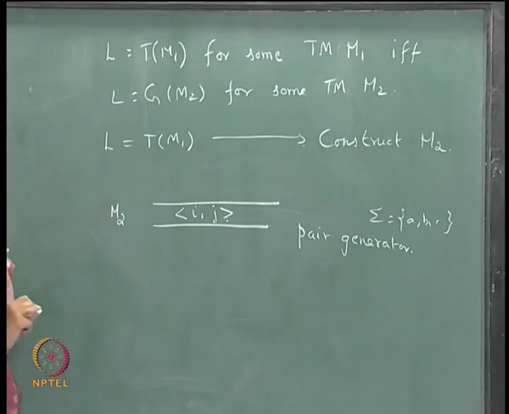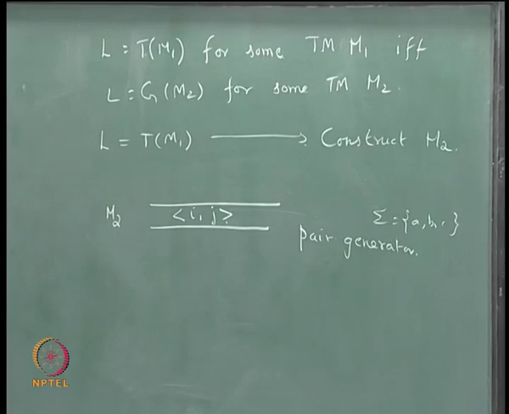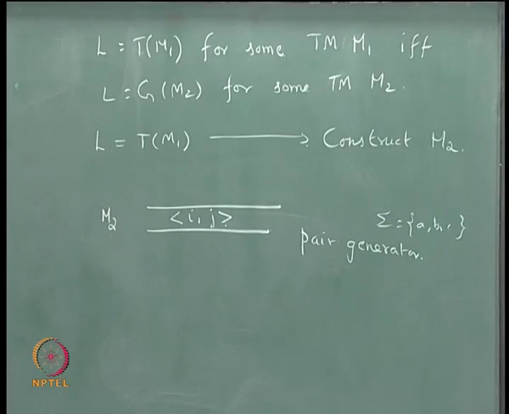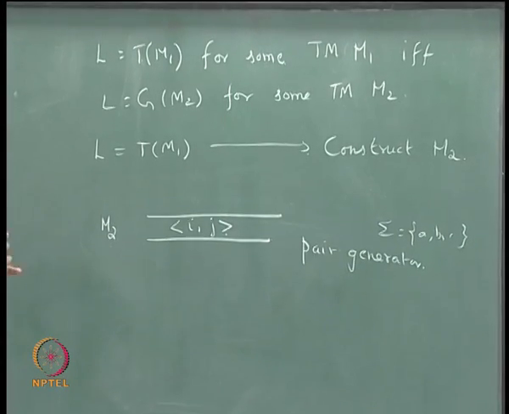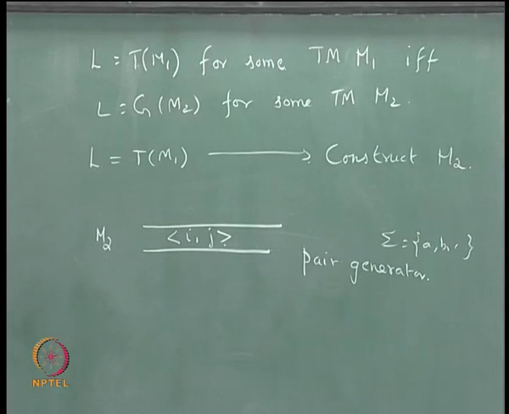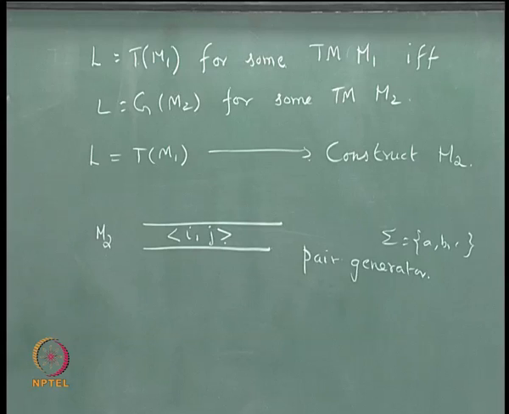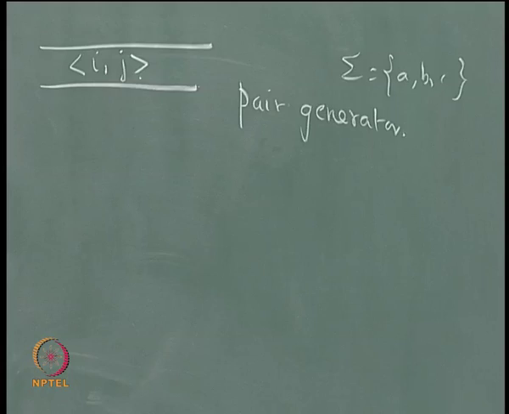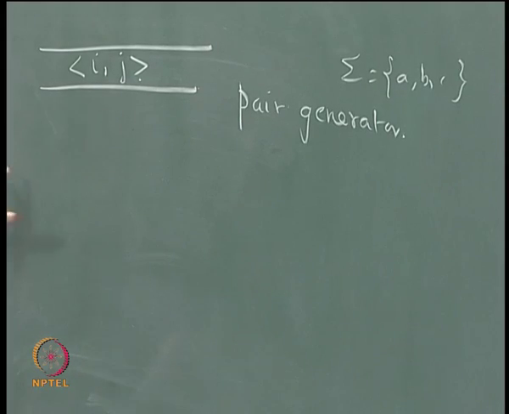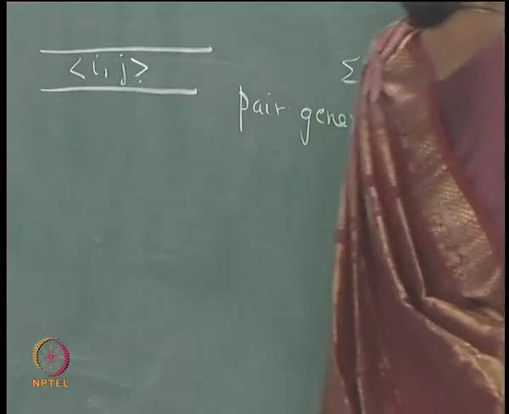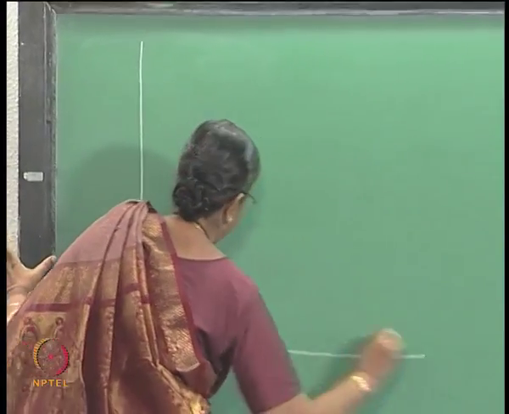Pairs of integers, in whatever notation you can take, decimal, binary, ij you can take. It generates pairs of integers. How can you generate one by one the pairs? Unless it is countable, you cannot generate. There should be some order, right. So, how can you have the pairs generated?